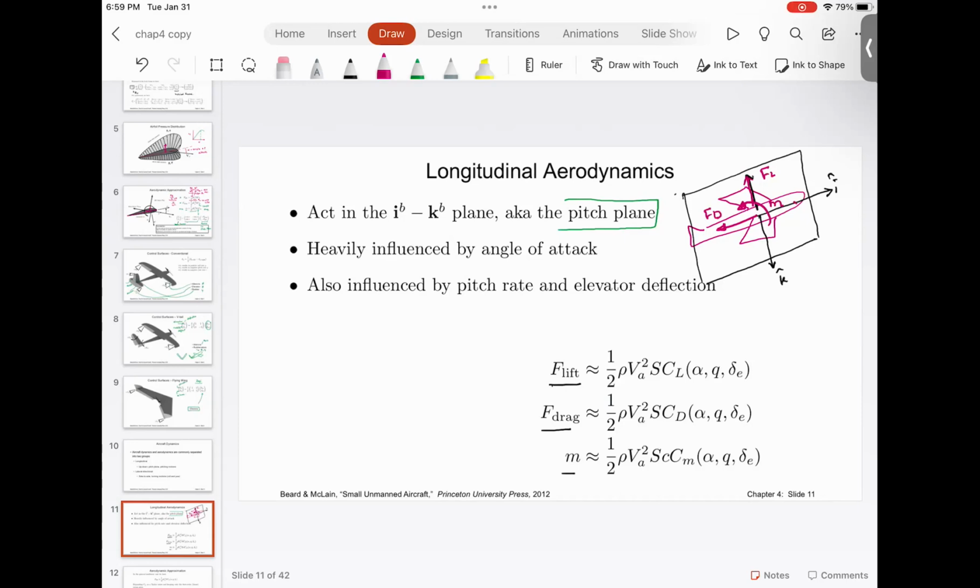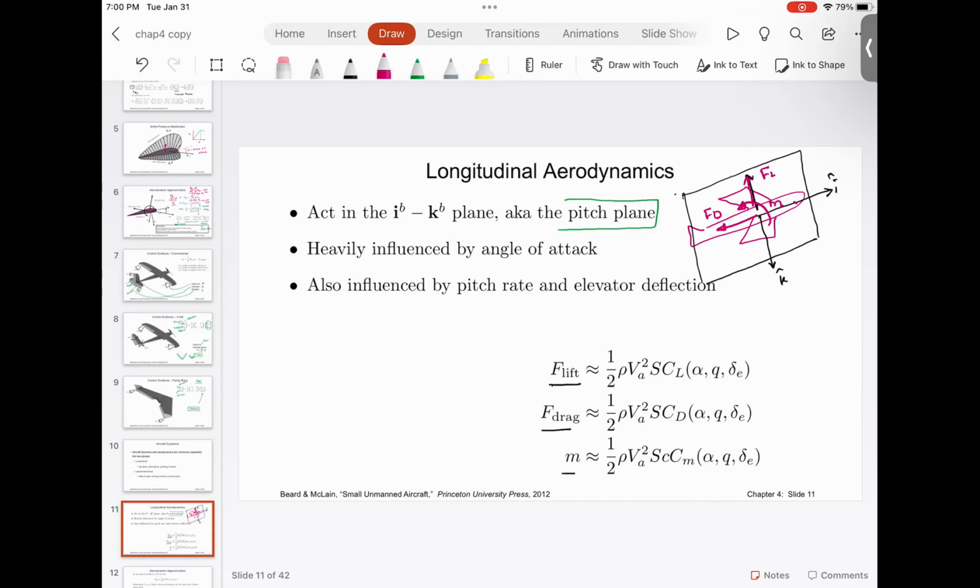Now, this dynamics is heavily influenced, as you can see, by the angle of attack. If you look at the force because of the lift, it is dynamic pressure multiplied by the area multiplied by the coefficient of lift. This coefficient of lift is dependent on the angle of attack, elevator deflection, and the pitching moment.